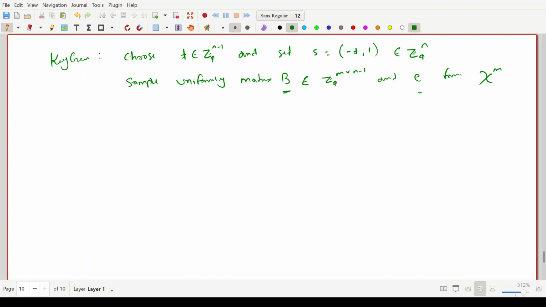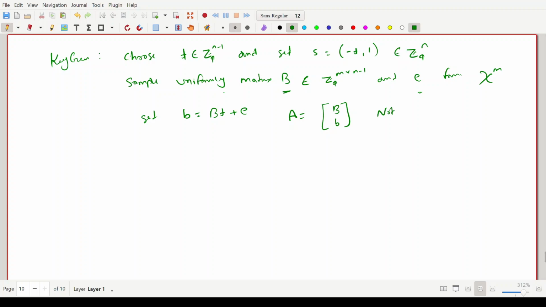E is just a vector, I'm sorry about this. Set small b equal to Bt plus e.